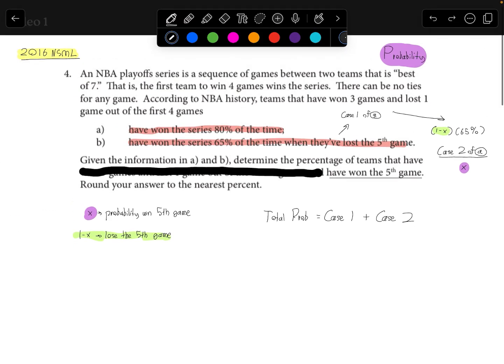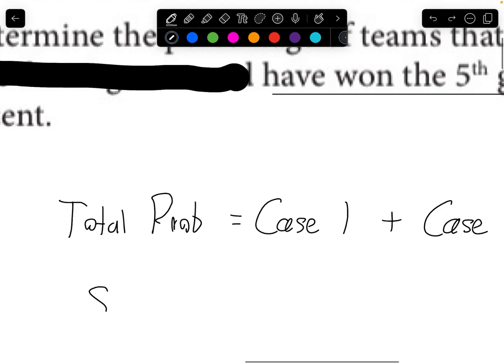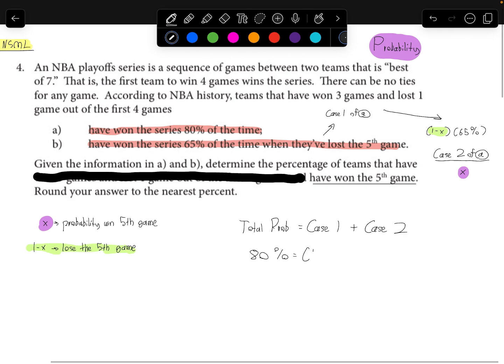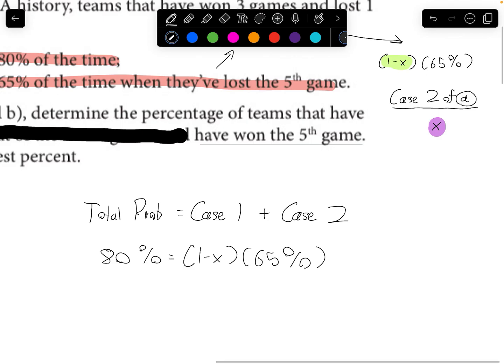Now, what is the total probability? Well, they give us 80%. What is case 1? Well, case 1 here is just going to be (1 minus x) times 65% plus the case 2, which is x.